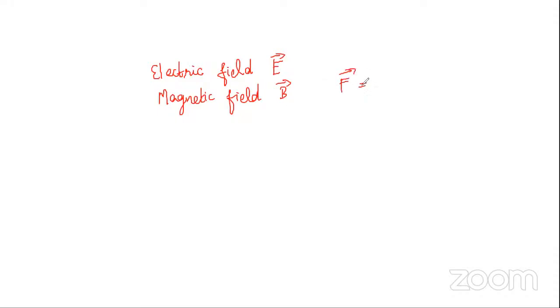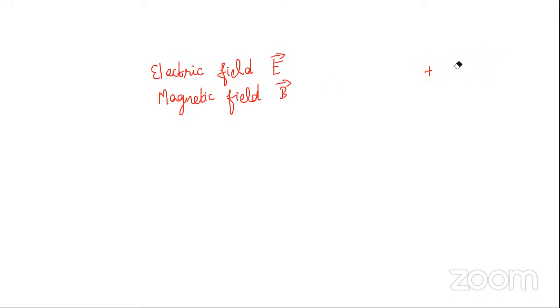The electric field is represented by vector E, and the magnetic field is represented by vector B. Both fields are there now, and when your charged particle is moving with velocity v in the presence of both these fields, the force acting on the charged particle is given by Q into E plus v cross B.